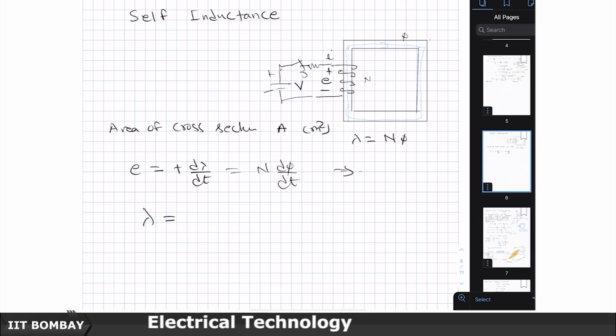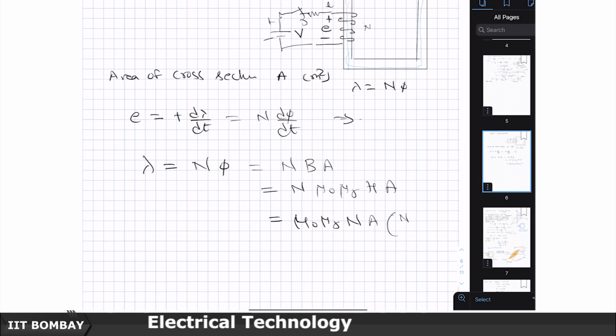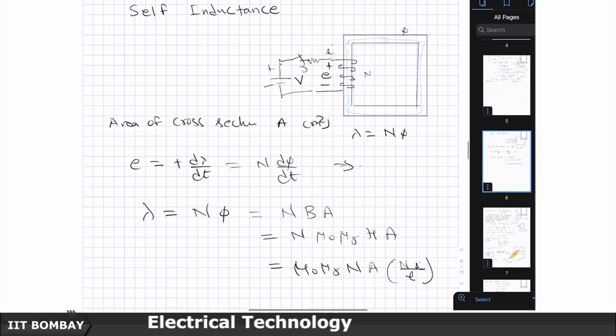and so let's look at this lambda itself. First of all, the flux linkage, which is n times of phi, which is nothing but n times of B times the area of cross section, which is again can be written as n times mu 0 mu r H times of A, substituting for B, which can be written now as, rearranging, mu 0 mu r n A and then the H, which I can write as, if the current entering is I, then it is N i by L by the definition of H, where the L is the length of the complete mean trajectory which is shown here.